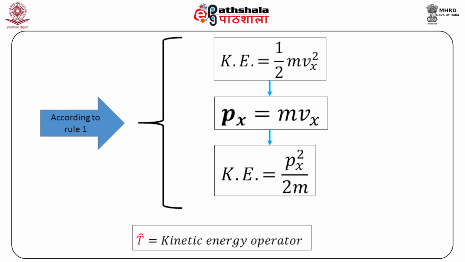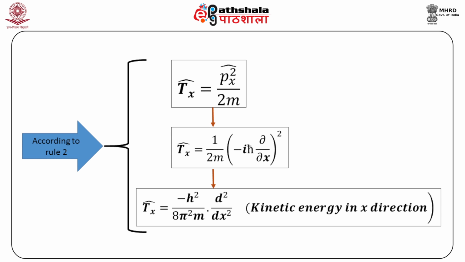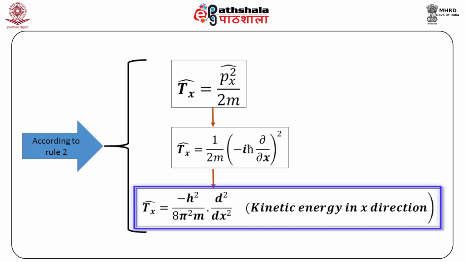Now in this classical expression, we apply the second rule, and that is we substitute the fundamental operators. We have already learned that px is the linear momentum operator in the x direction. So we substitute its value in the expression. As you can see, once we do that, we get the corresponding Tx, the kinetic energy operator along the x direction, equal to minus h square upon 8 pi square m d2 by dx2.